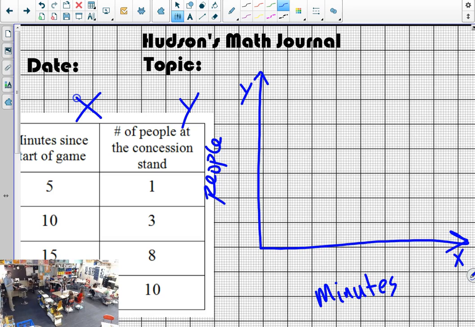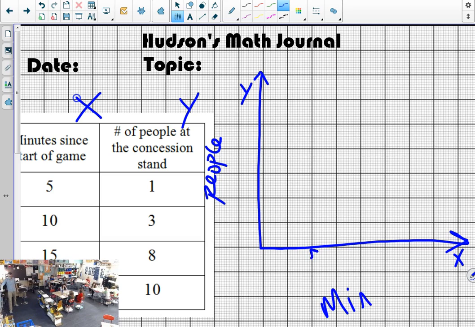What if I just scale by 5? My first value I care about is 5 minutes. So make the first tick mark you care about 5 minutes, and then 10 minutes, and then 15, and then 20. Another option I had, instead of using every box, make every 2 boxes 5 minutes, just to space this out a bit more.